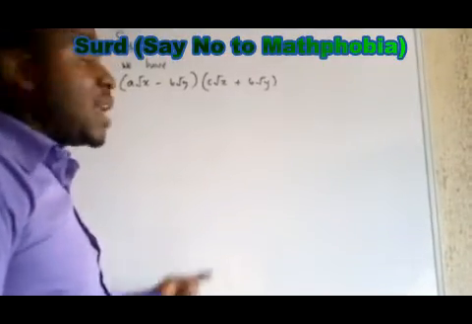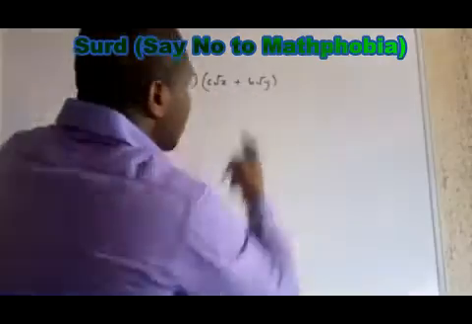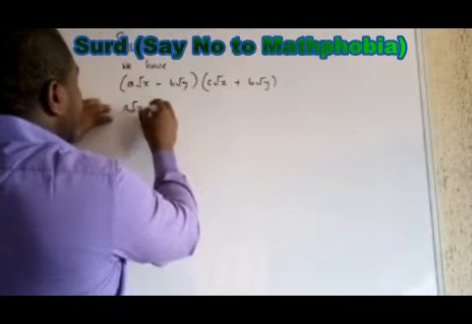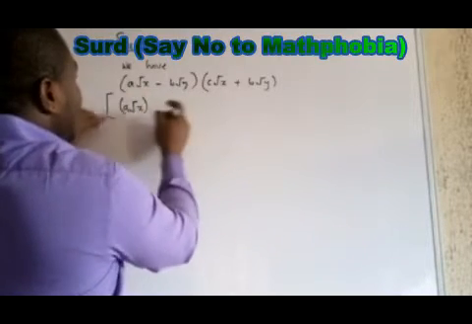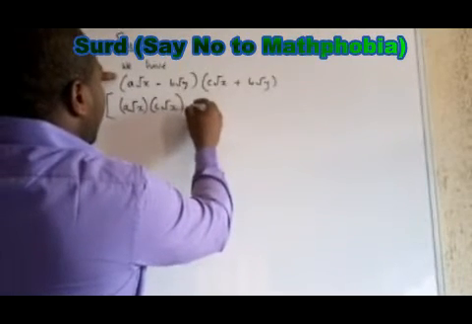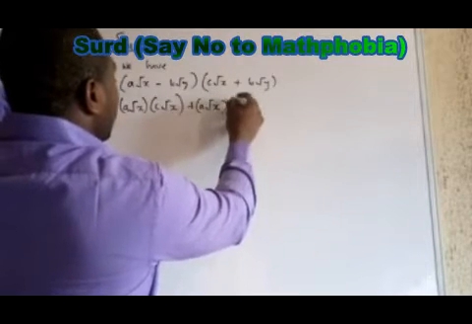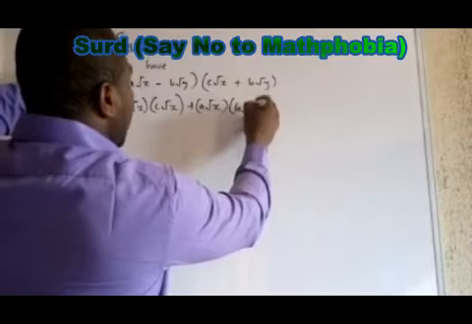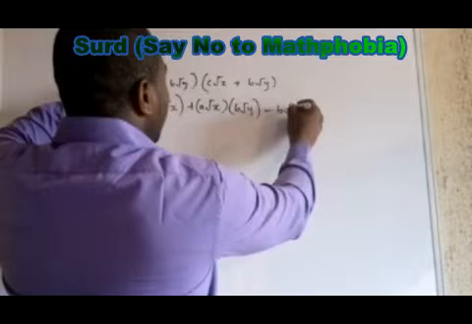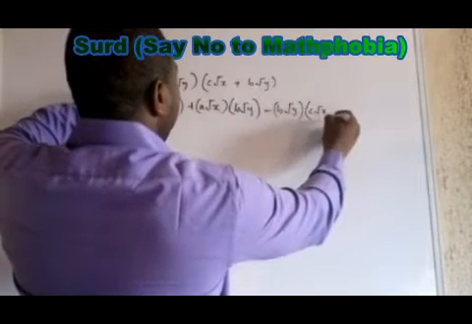Now, if you want to multiply something like this, we have 2 surds, this and this, multiplying each other. So you have a root x multiplying c root x. You still have the same plus a root x multiplying b root y. Then you go to this one, you have minus b root y multiplying c root x.